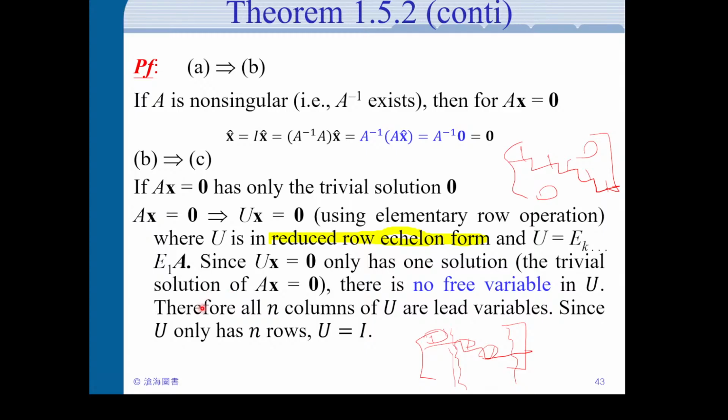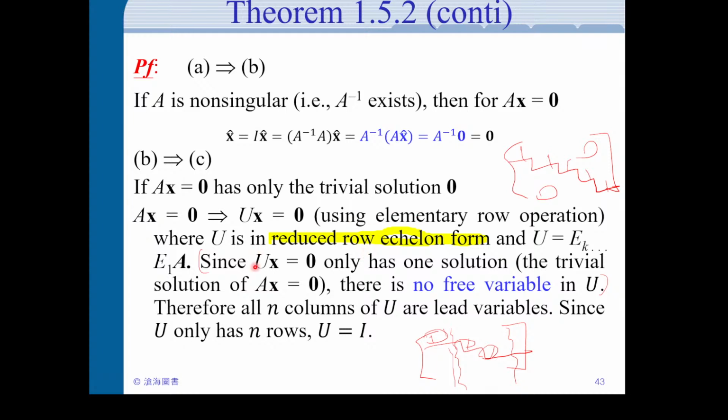We analyze the reduced row echelon form U. If we want the reduced row echelon form to have only one solution, then there can be no free variable. Because if you have a free variable, then we know there are infinitely many solutions.